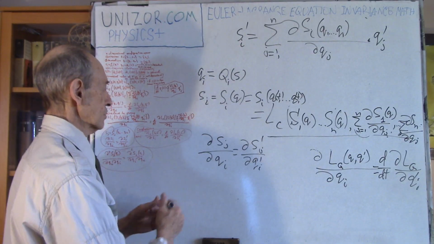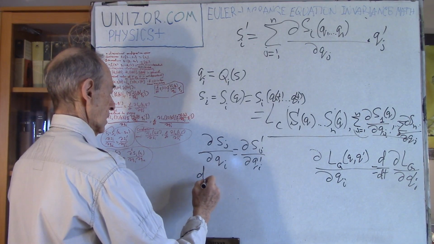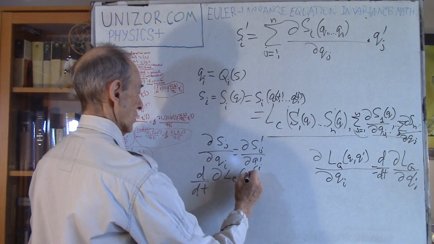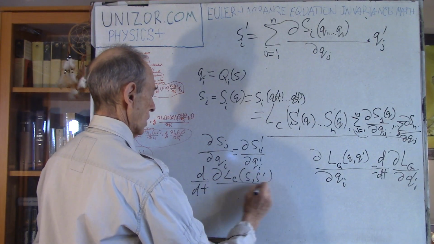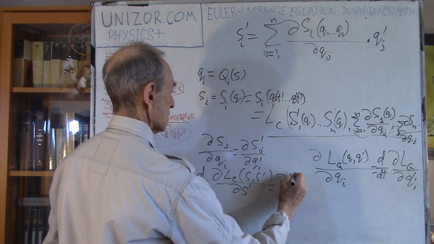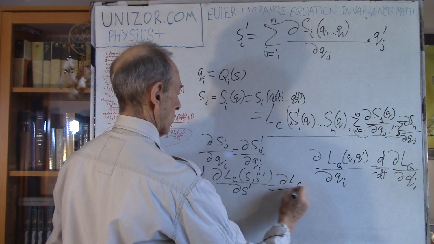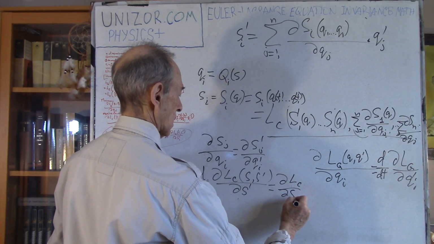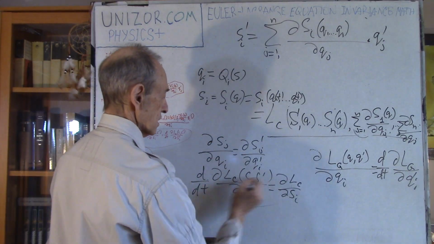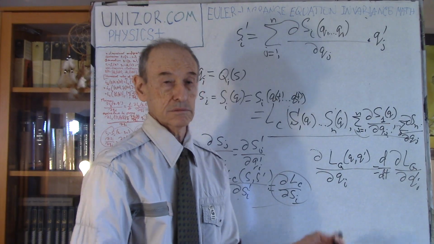So I can substitute something like d by dt of dLc by dS prime with dLc by dS_i. Right. So I'm just using this and substituting this into this, and then I get the identity, basically.